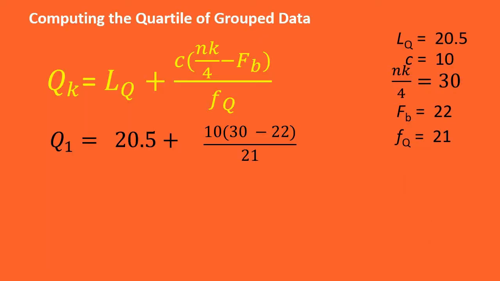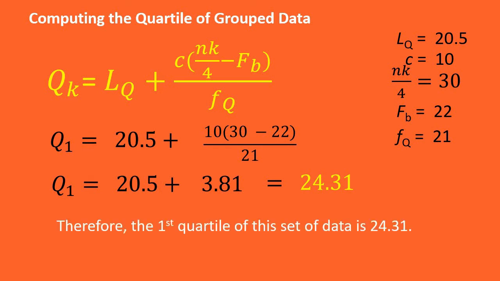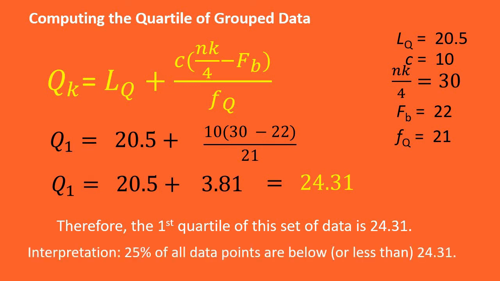Substitute all these values to our given formula, we will be arriving at the result of 24.31. This means that the first quartile of this set of data is 24.31, and also means that 25% of all data points are below or less than 24.31.